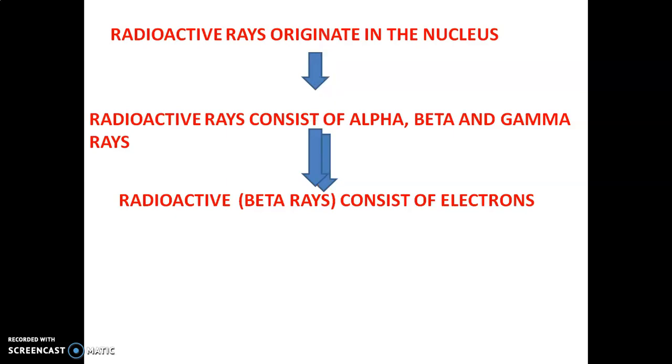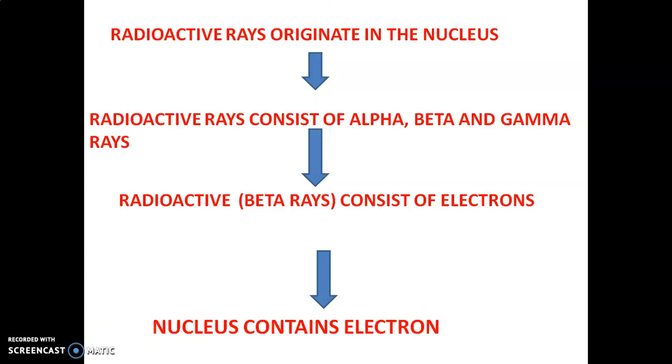So obviously this indicates that the nucleus contains electrons, because these beta rays, which consist of electrons, are coming out of the nucleus.